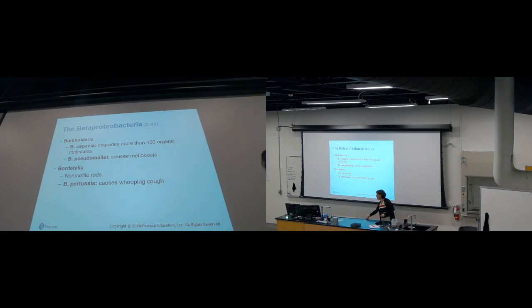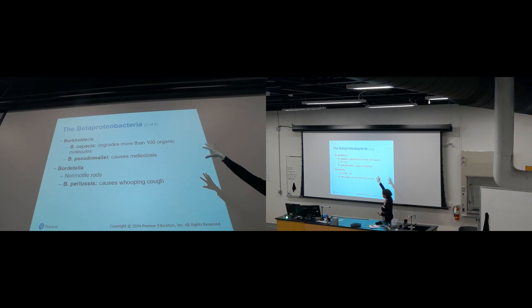More members of beta proteobacteria, we can have Burkholderia cepacia and Pseudomallei. These bacteria are medically important. For instance, Pseudomallei causes melioidosis, which is an infection in the human body. And this one, cepacia, degrades more than 100 organic molecules.